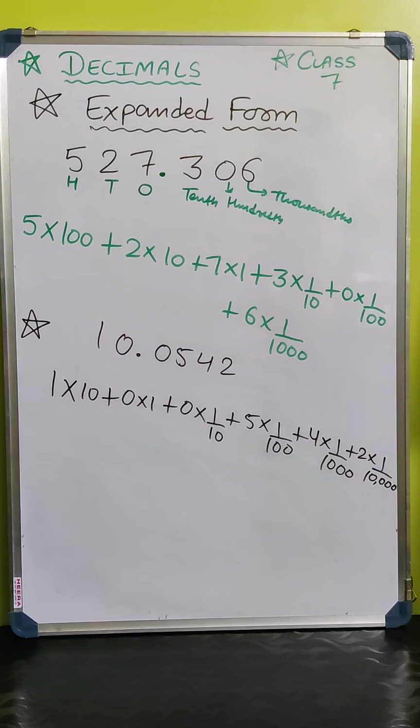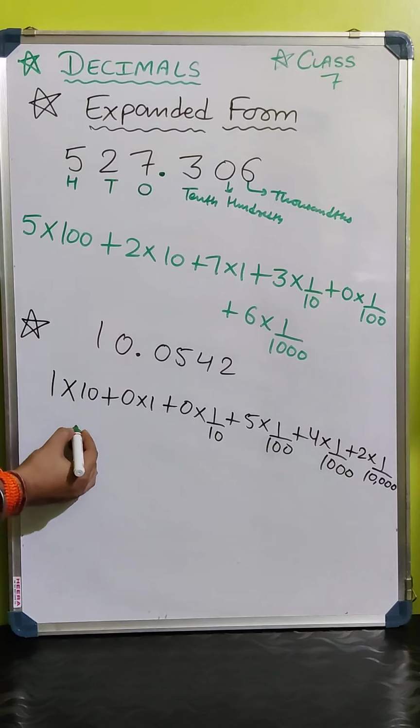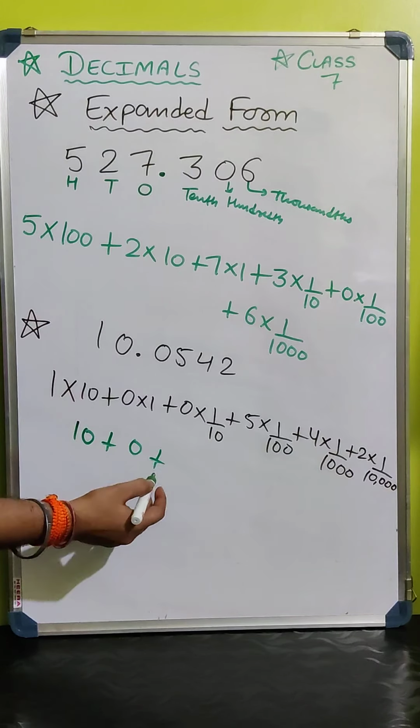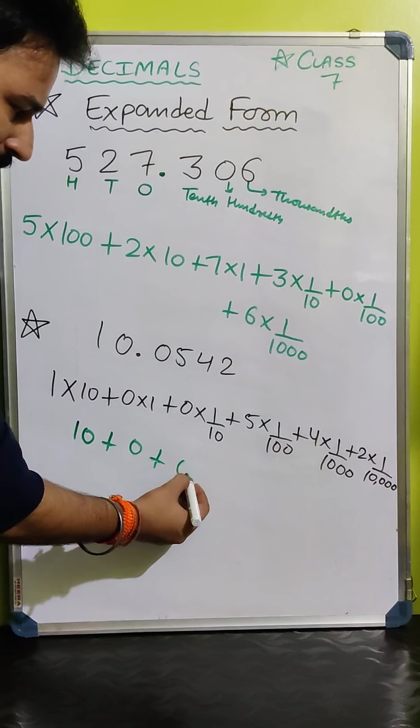So this is known as the expanded form, when you write the numbers along with their place values. When you add each number you can simply calculate. It will be 10. When you multiply 0 into 1, it is 0. This is also 0.